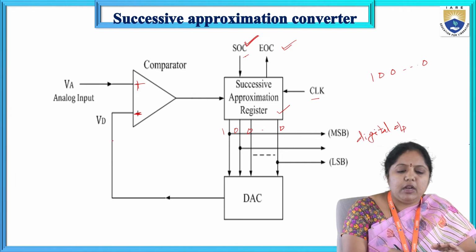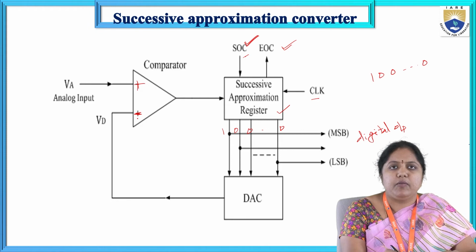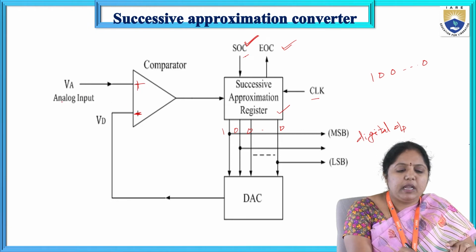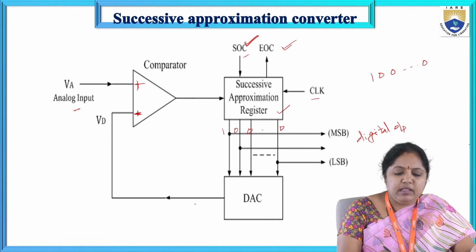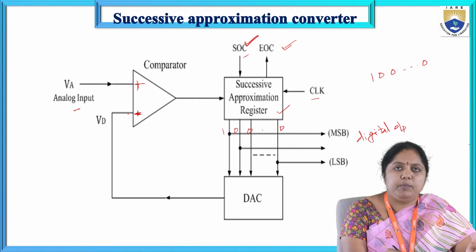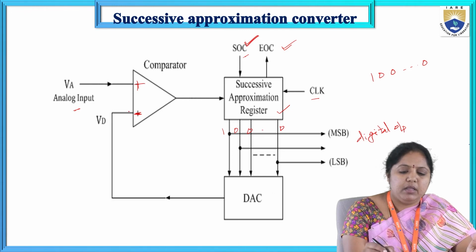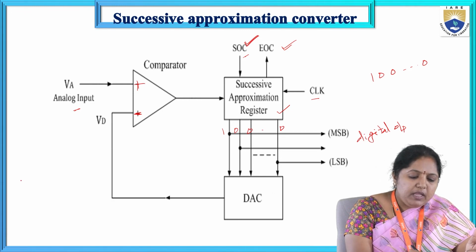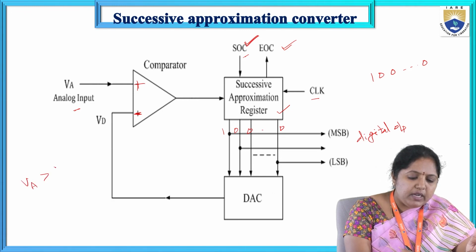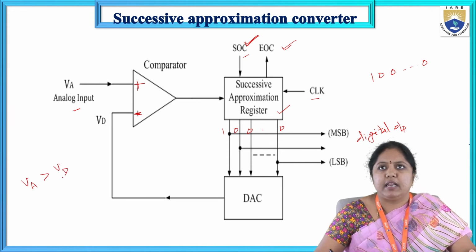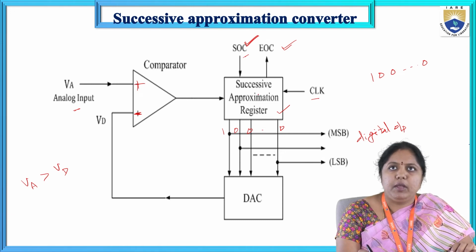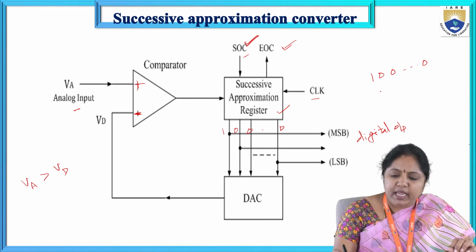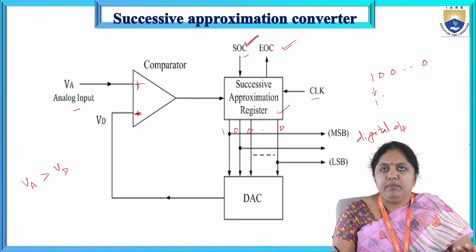Now this analog output is given as an input to the comparator. The other input to the comparator is the analog input signal, VA, and the DAC output, VD, is the other input. Now, when the VA value is greater than VD, if this condition is satisfied, then the successive approximation register keeps the MSB bit value as it is, 1.